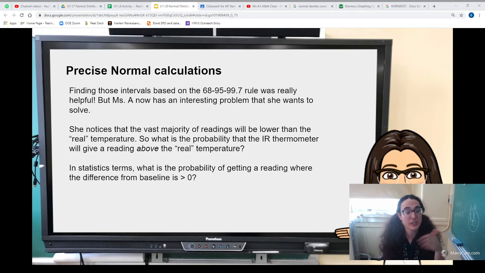What is the likelihood that I will overestimate the real temperature? Or to put this in statistics terms, in terms of our model, what's the probability of getting a reading where the difference from the real temperature is greater than 0? This gives us a much clearer mathematical question than just asking what's the probability of overestimating.